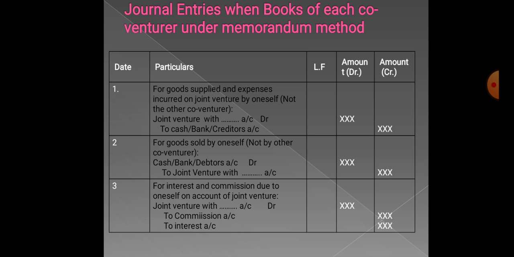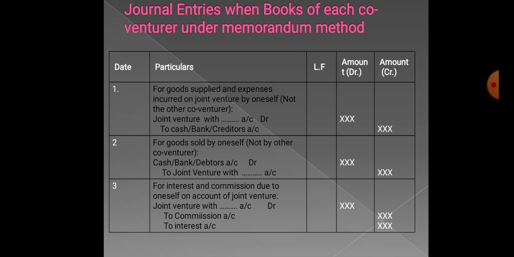Now coming to the third entry, for interest and commission due to himself on account of joint venture, the entry will be joint venture with so and so account debtor to commission, to interest. So here he has to get the commission and interest, so joint venture account has to be debited with commission and interest.